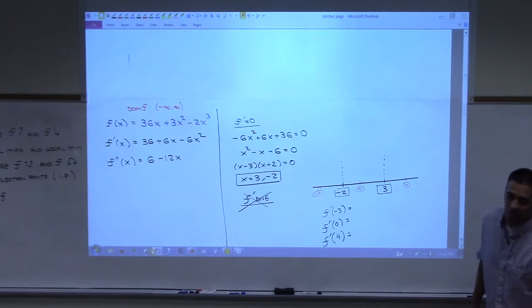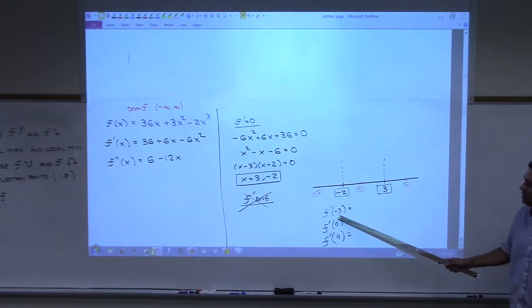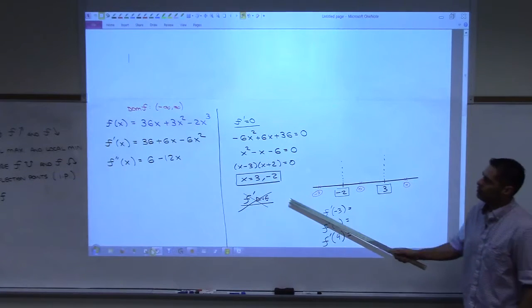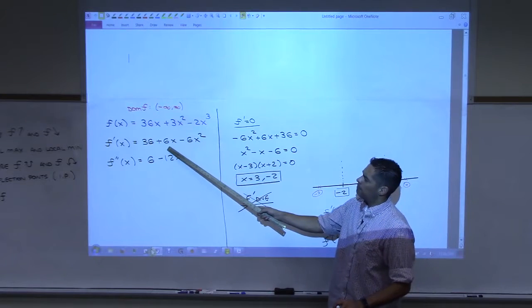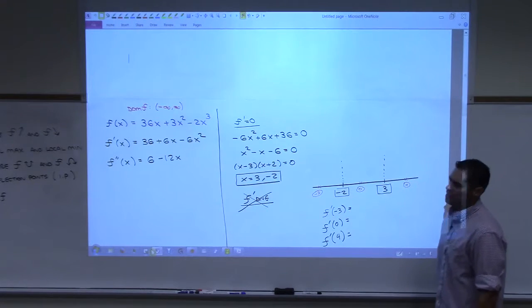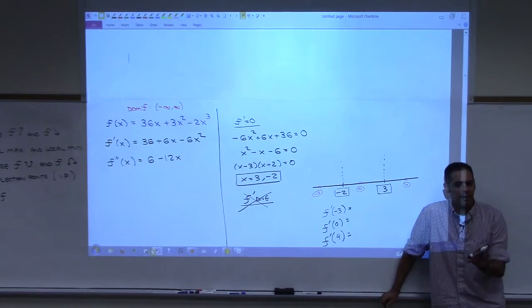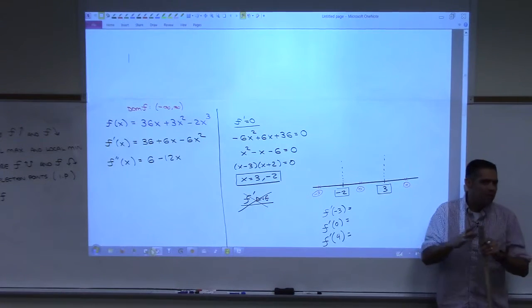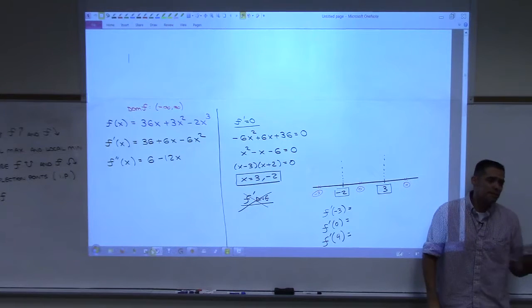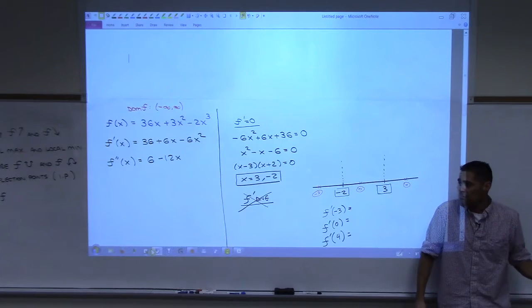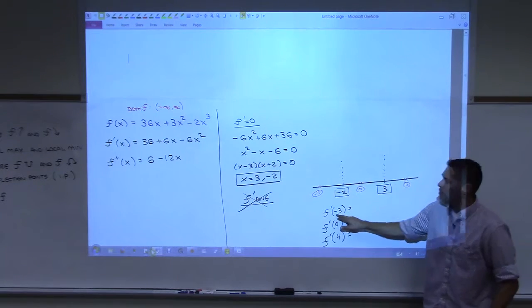And now you get to actually plug things in. So let's take -3 and plug it into the derivative, which is right here, right? Let's see if we can do it quickly. Now, before you plug it in, let me ask you, in terms of an answer, what is the only thing that really matters? The sign. Is it positive or negative, right? That's it. So -3 in here.